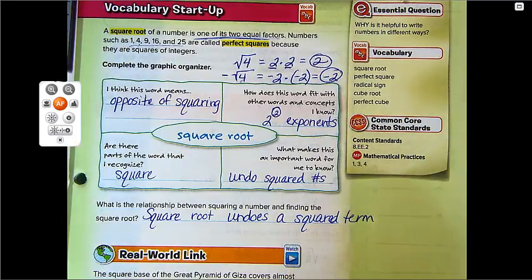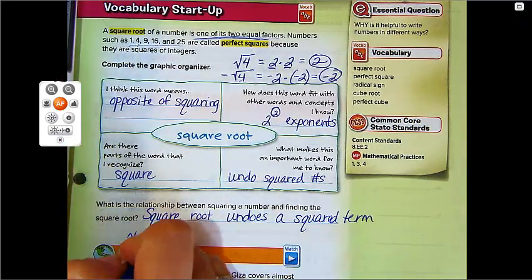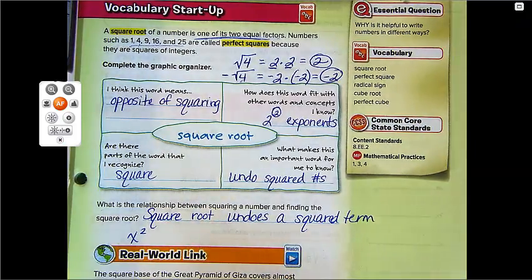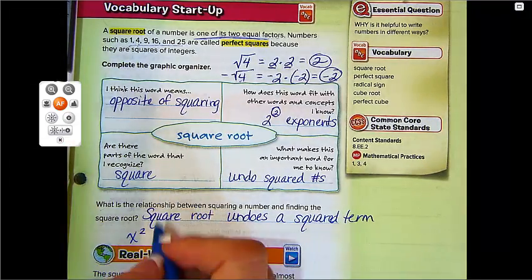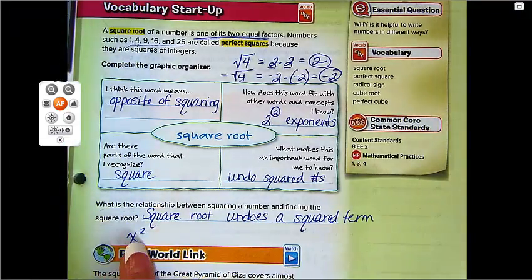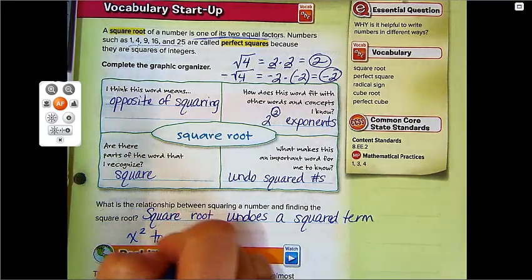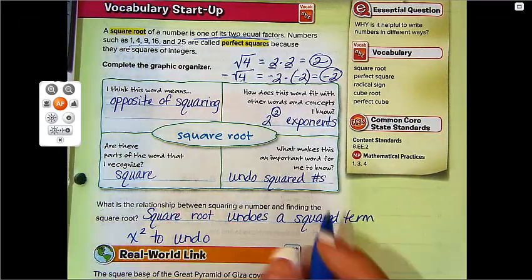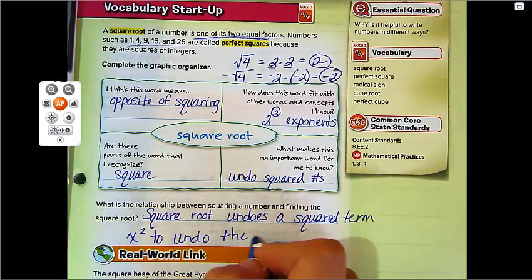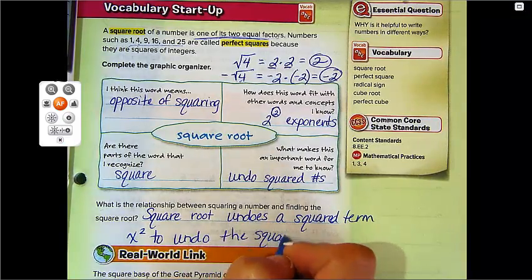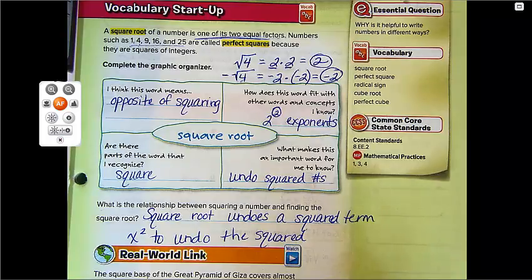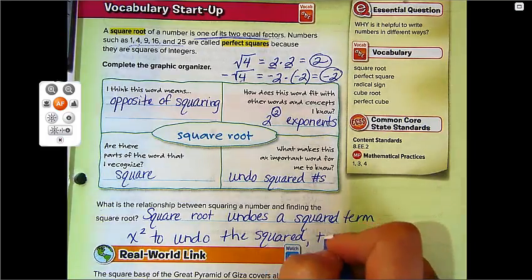So for instance, if I had x squared, in order to undo that, I want to get rid of this squared on this x, and I want just x by itself. So to undo the squared, I want to get rid of that little 2 as the exponent. I take the square root of it.